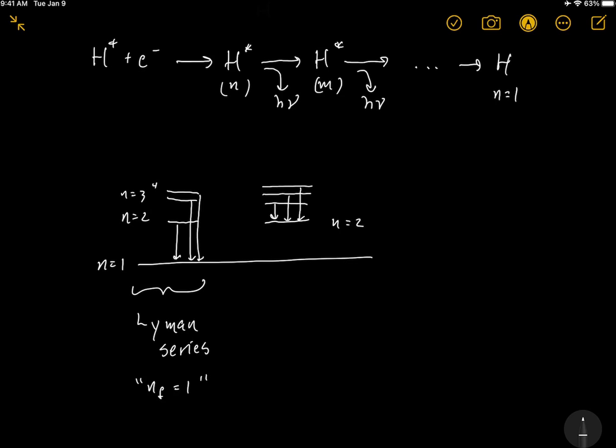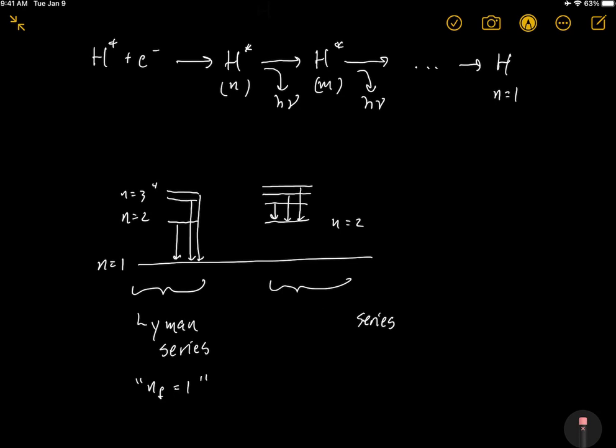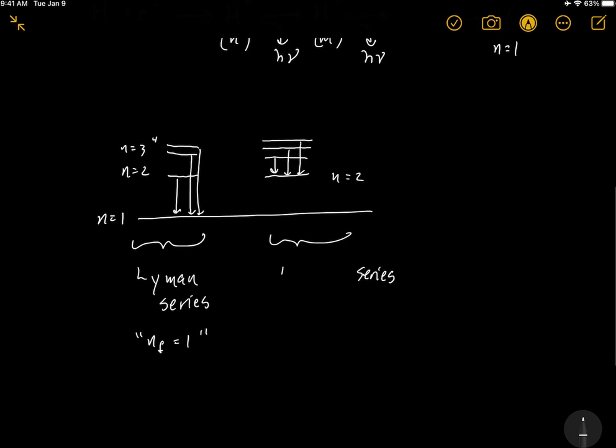And that is called the Balmer series. And then Paschen is n equals 3 as the final state.